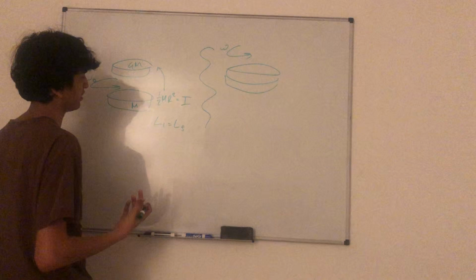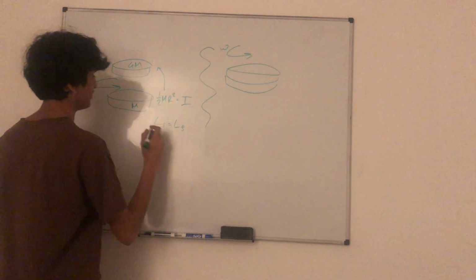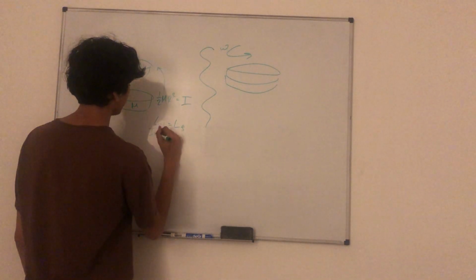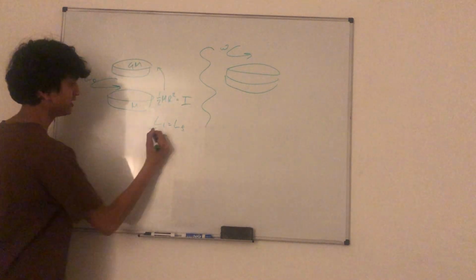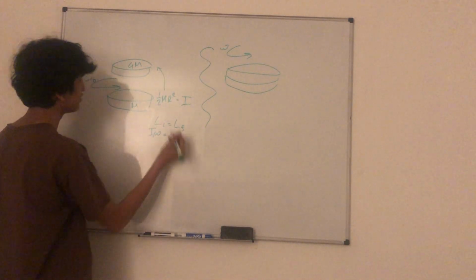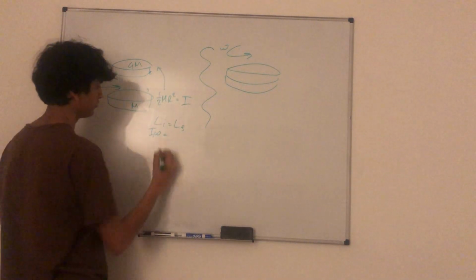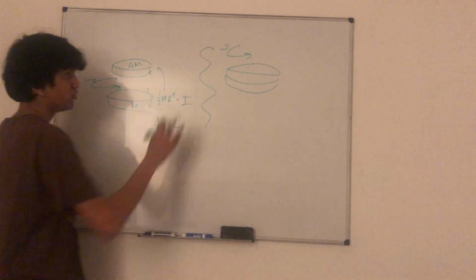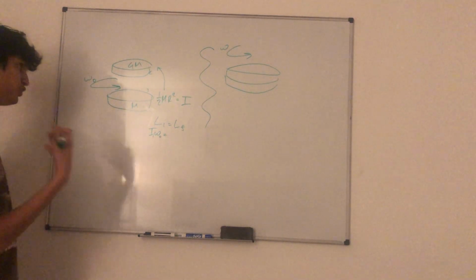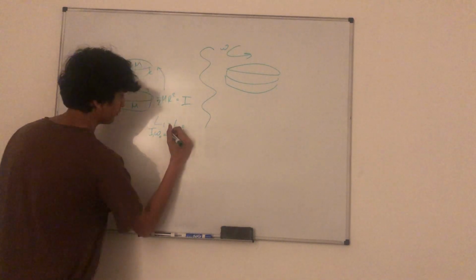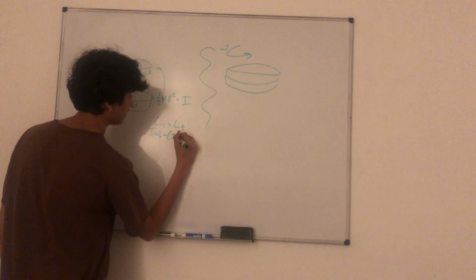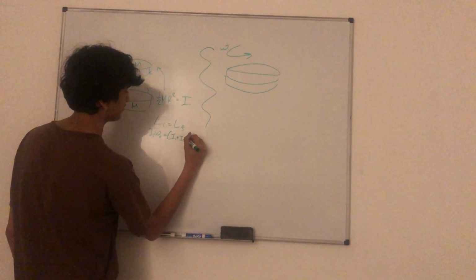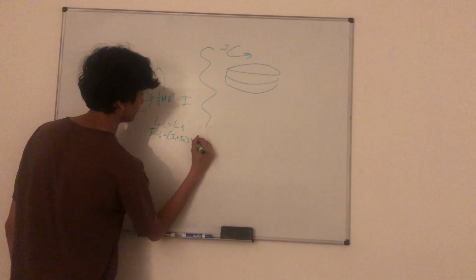So I1 omega initial is going to equal, since they're both rotating as one object, we can treat it as adding up the rotational inertias, I1 plus I2, times omega final.